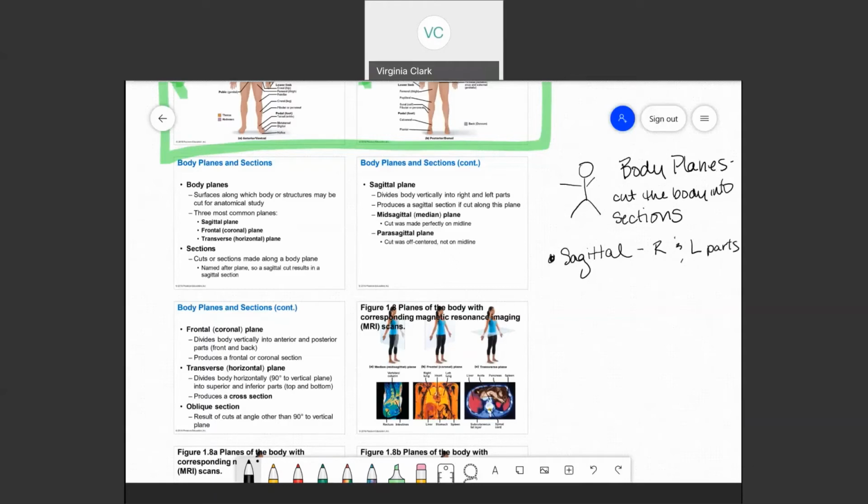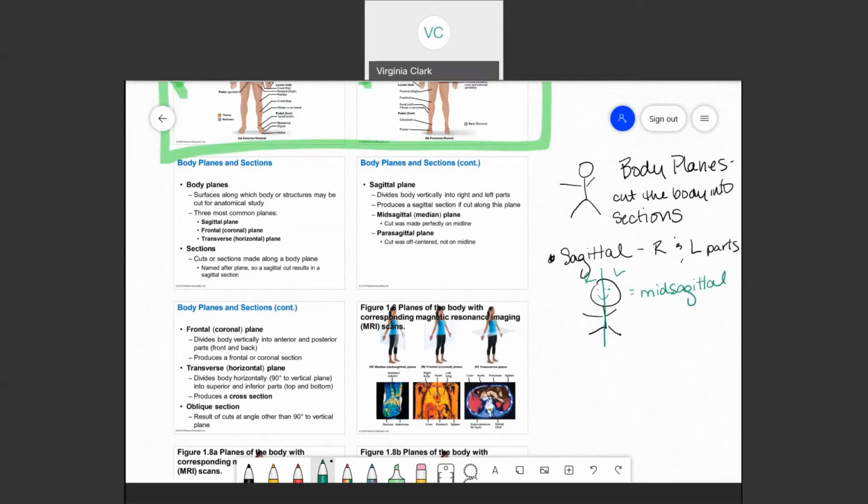So that means if we take my little stick figure dude here, you are chopping him right here. And if you chop him right here, you are going to have a right side and a left side. So you've cut him in half. If you do it right down the middle, where he has an eye on either side and he is perfectly symmetrical, you have done the mid-sagittal.